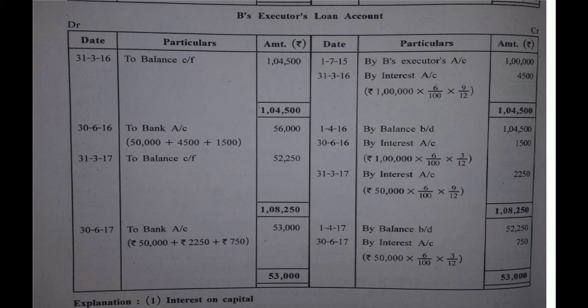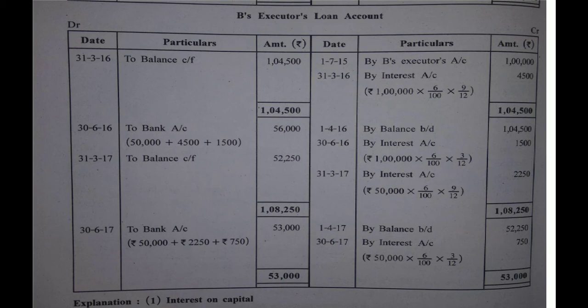So write down the date 30/6/15, the date of death. So just in the beginning, just in the completion of 3 months. Yes. And 1 lakh is to be paid in 2 equal installments. That means 50,000 each, along with interest of 6%.